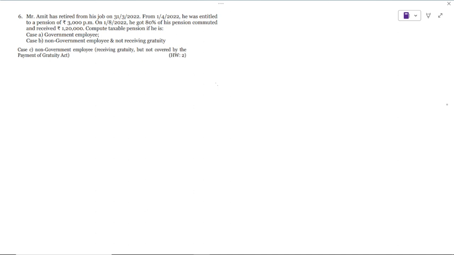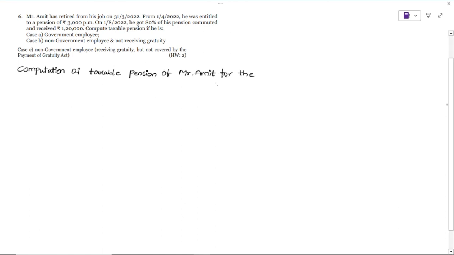So write down computation of taxable pension of Mr. Amit for the assessment year 23-24.